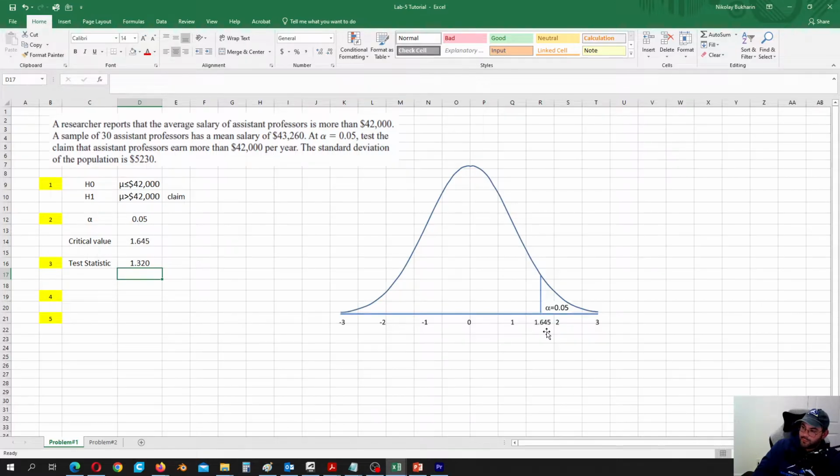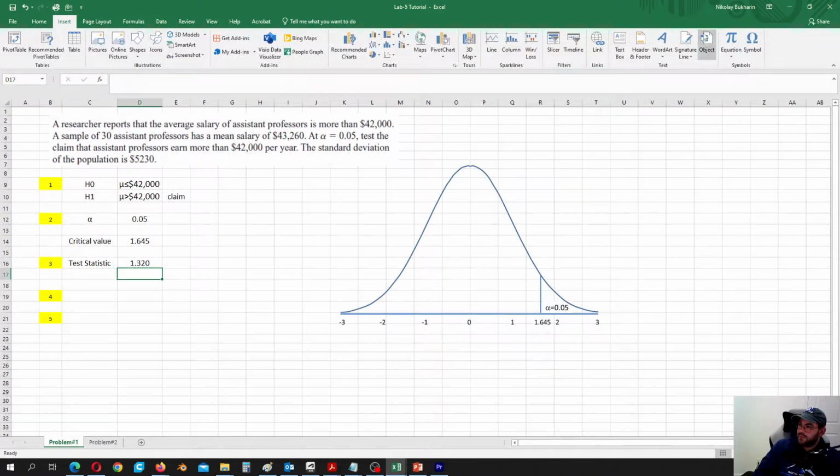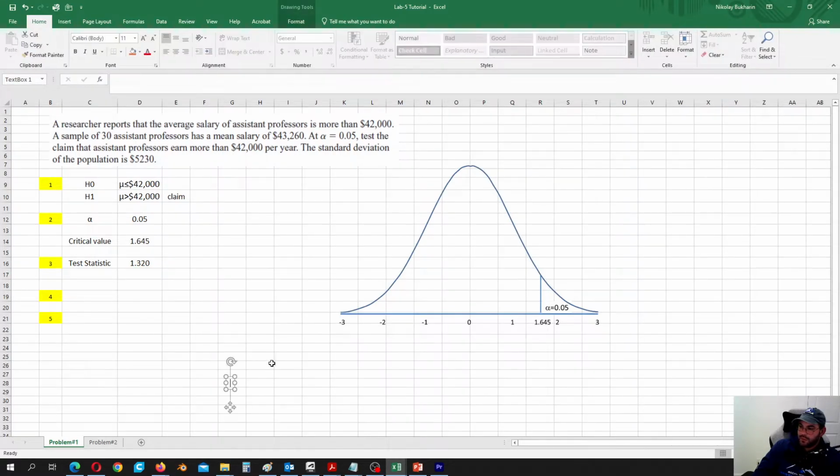Our test statistic is somewhere here. It is less than 1.645. What does it mean? That means that we do not reject H0, so we are out of the critical region. Let's insert a text box and write that we are out of the critical region.